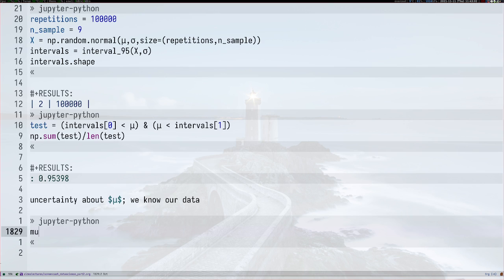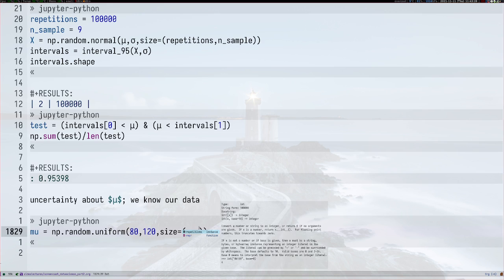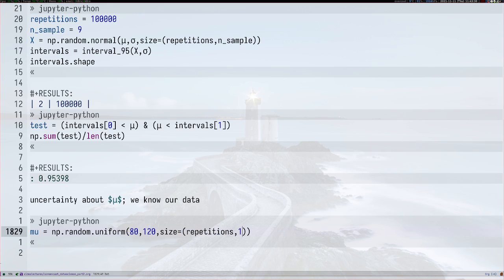So we're going to model this as follows. We're now going to say mu is NP random normal. Oh, actually we're not going to use normal here. We're going to say it's uniformly distributed between 80 and 120. And the size of this is repetitions by 1.